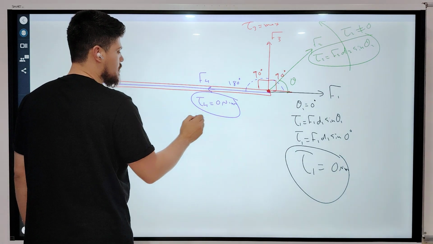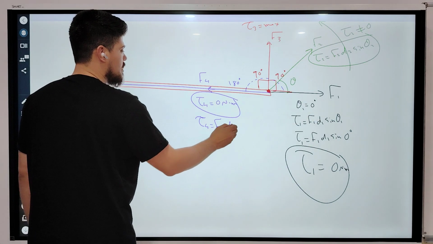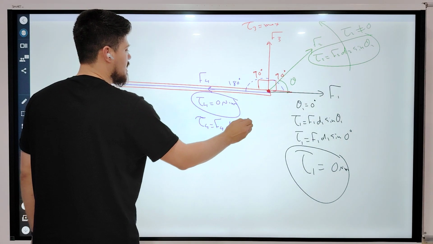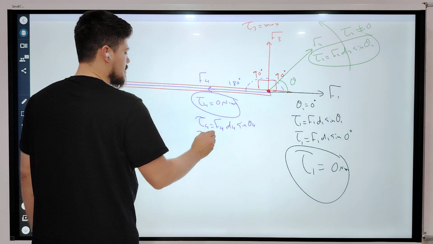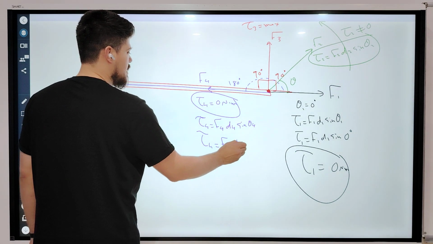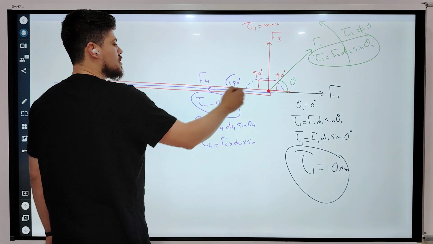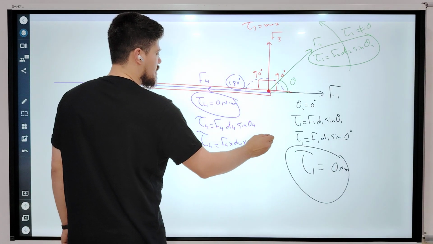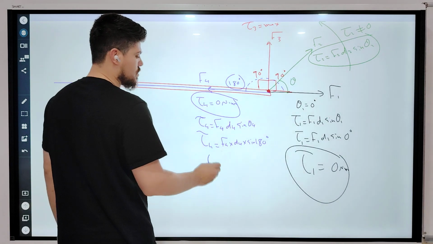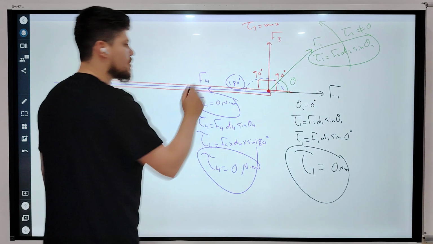Because according to this equation, torque number 4 is equal to F4 D4 sine theta 4. F times D times sine. What is the angle? 180. Sine 180 is equal to 0. So that is why torque number 4 also is 0.